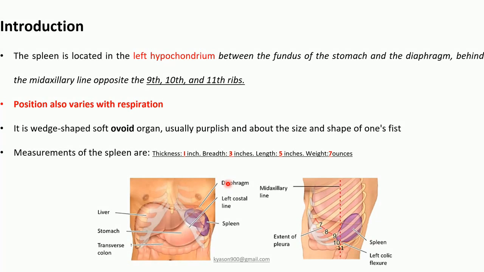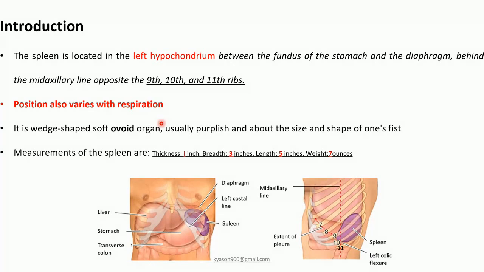That's why during the scanning process, it's always important to tell the patient to take a deep breath and hold for a few seconds, because once the patient does that, this organ of interest is going to lie slightly beneath these ribs, and you can have some clear visualization of the spleen. Of course, it won't descend far away from the left costal margin, just slightly away from the ribs.